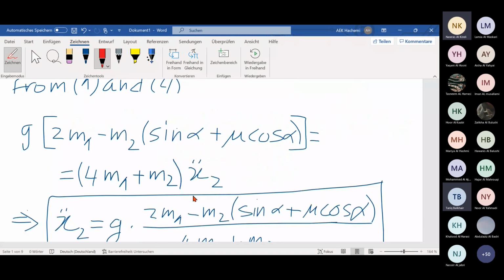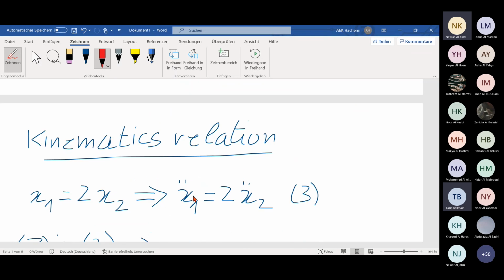The second thing, which is always important, if you have two bodies, or three, or more than one, is to find the relationship between the positions also. In our case here, we need only the acceleration, to find this kinematic relationship between the two accelerations. This is the third one.